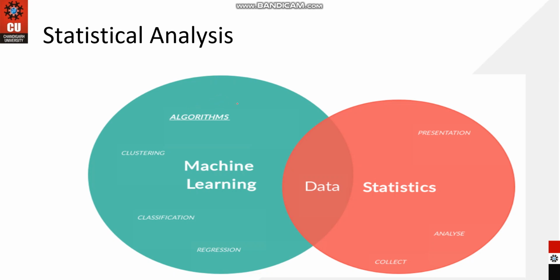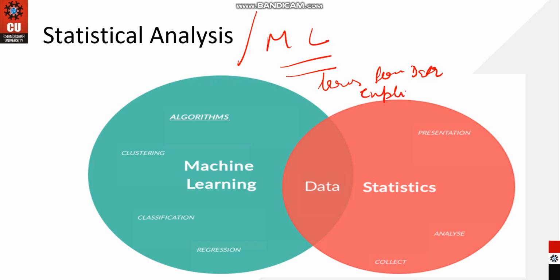Another important thing to know about statistical analysis is the difference between statistical learning and machine learning. Machine learning learns from data that doesn't have an explicit program.